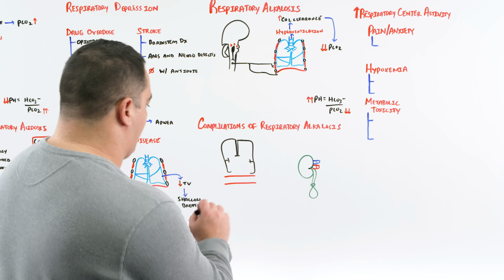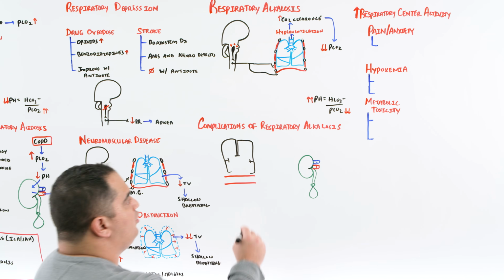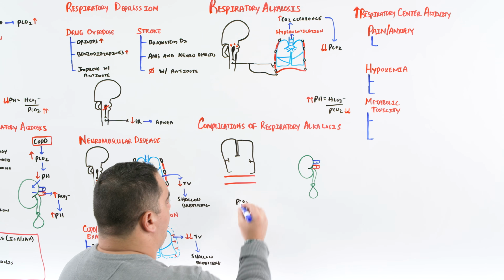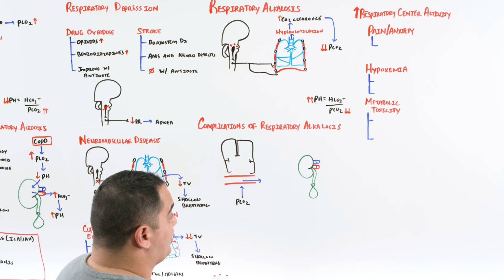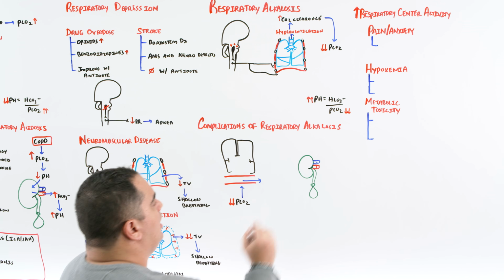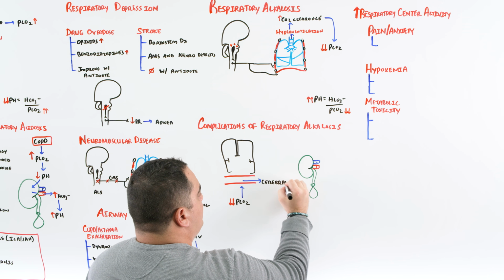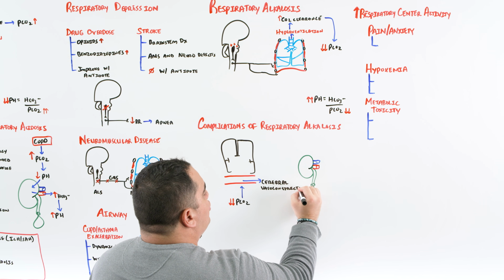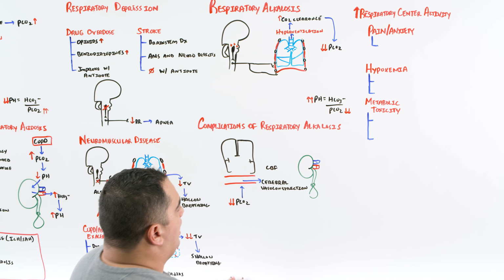When the PCO2 is really low, it'll cause the cerebral vessels to undergo vasoconstriction. Those things will squeeze down. When I vasoconstrict these vessels, my cerebral blood flow, commonly abbreviated like this, is reduced.